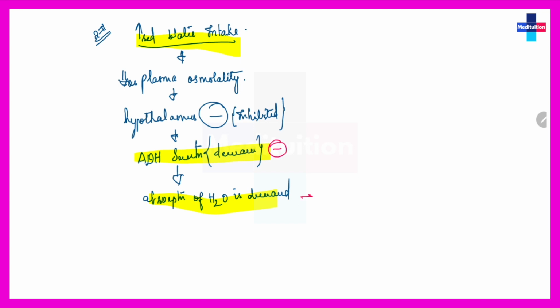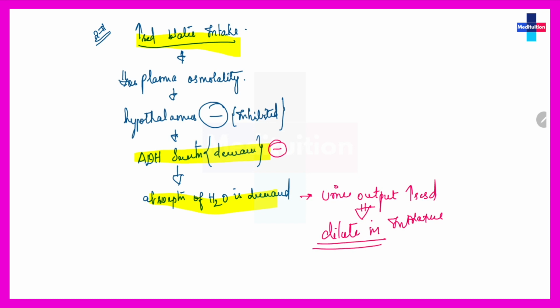So what is the most probable result? Obviously urine output will be increased, because all the water is getting excreted and is not absorbed back into your body. So urine output is increased, and obviously it is dilute in nature. The excess water present in your body is now excreted as dilute urine.